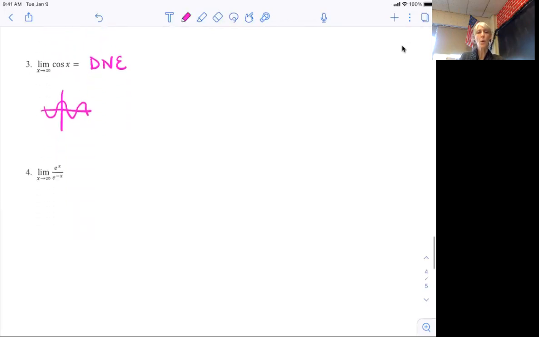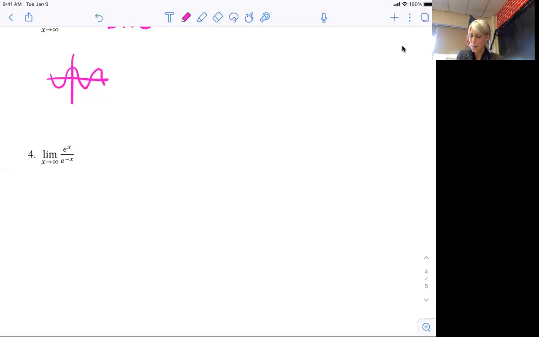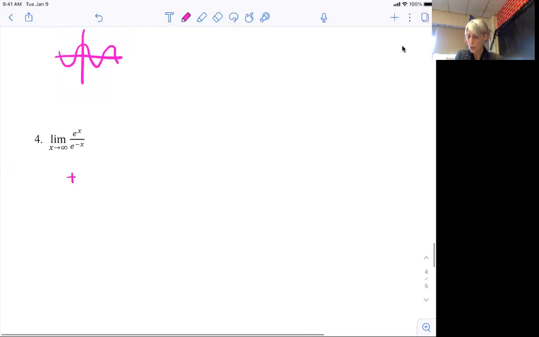Here's something that may show up in your calc course. We're going to talk about it. It's not going to be a part of this test, but just think what's happening. Limit as x goes to infinity of e to the x over something that goes to 0. If we think about what's happening in the numerator, our y values are going to positive infinity. In the denominator, our y values are going to 0.